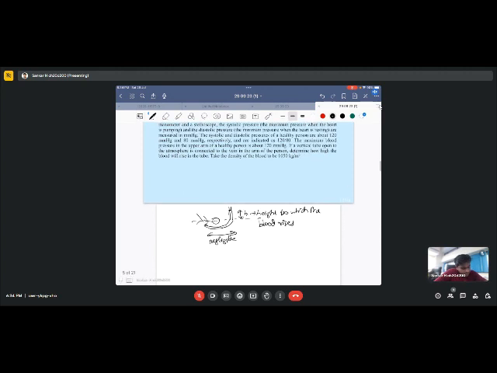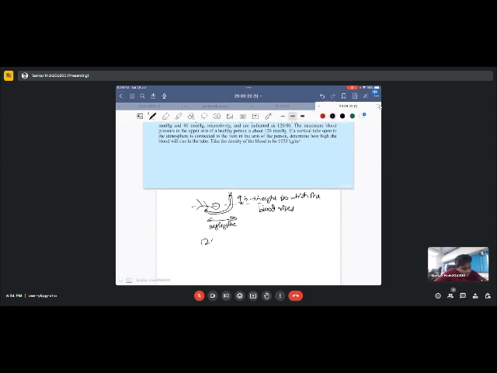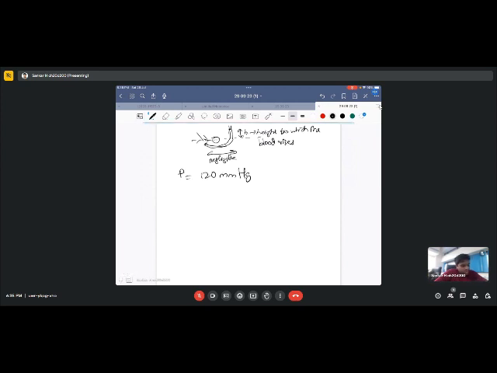So what we can understand from the question is that the maximum blood pressure in the upper arm of a healthy person is about 120 millimeters of mercury, and this does not actually mean that pressure has a unit of length or distance or millimeters.